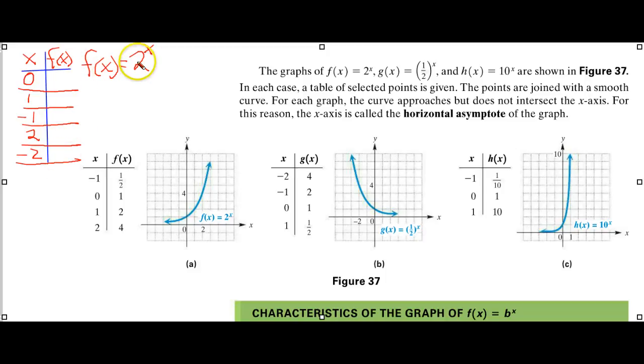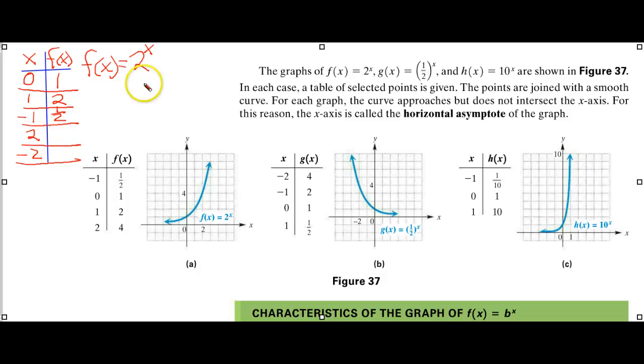So 2 to the 0 power, anything to the 0 power is 1. 2 to the first power is actually 2. Now 2 to the negative 1 power is just the reciprocal of what 2 is. 2 is 2 over 1, so the reciprocal of 2 over 1 is 1/2.